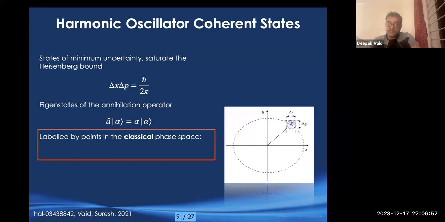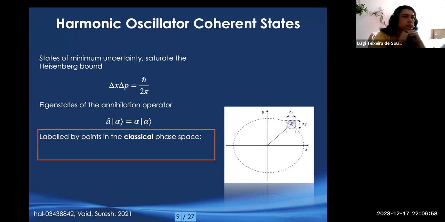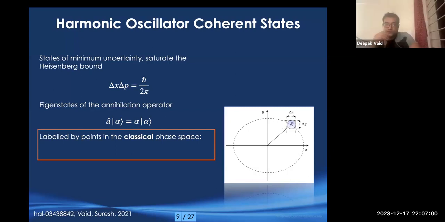And so this expression becomes a differential equation which you can solve. If you work in the position representation, it becomes a differential equation, d by dq plus q plus iq times psi of alpha is equal to alpha psi of alpha, and it's an eigenvalue equation.